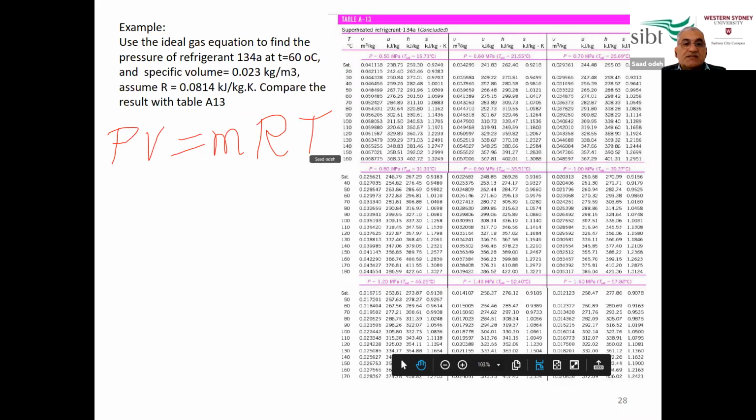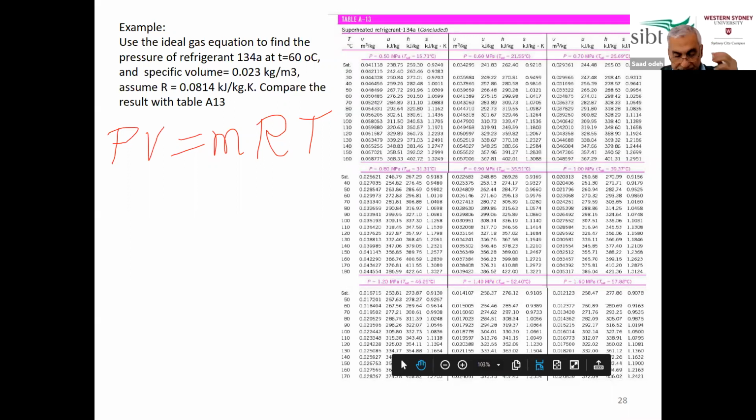For example, in this example, use the ideal gas equation to find the pressure of the refrigerant. So this is refrigerant 134A. The table A13 represents the superheated refrigerant 134A.